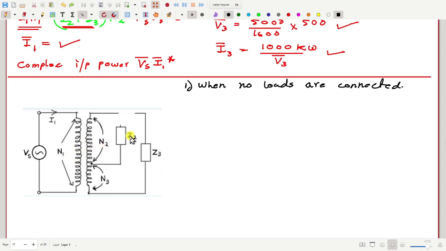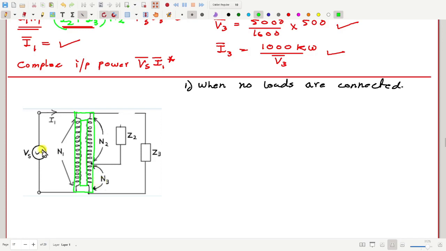Can you visualize it? Let me try once again drawing it. So there are two sides of this core, and the left side has N1 number of turns, the right side has N2 plus N3 number of turns.